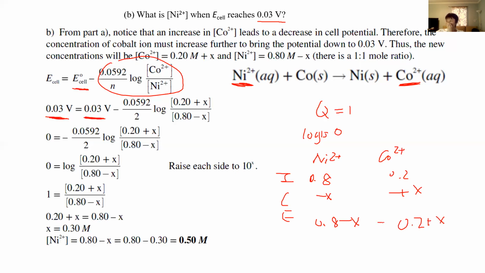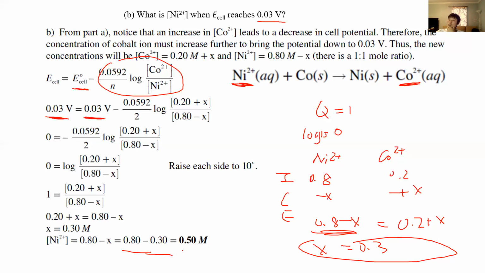You want them to be equal, so you can solve for x equal to 0.3. So for nickel, the concentration at this final condition will be 0.8 minus 0.3. So when the potential is equal to 0.03, Q is equal to 1, and the nickel concentration becomes 0.5. And the cobalt concentration is also equal to 0.5. So that's also equal.